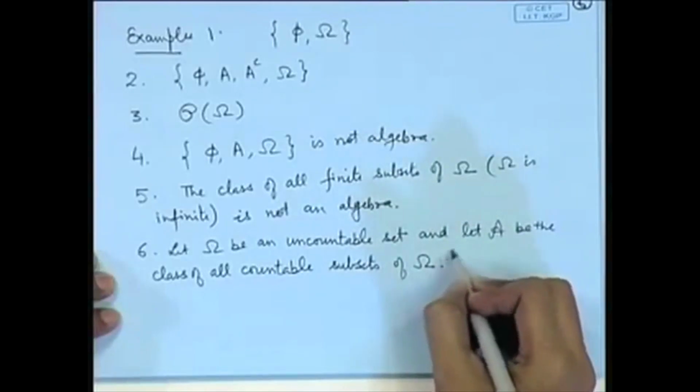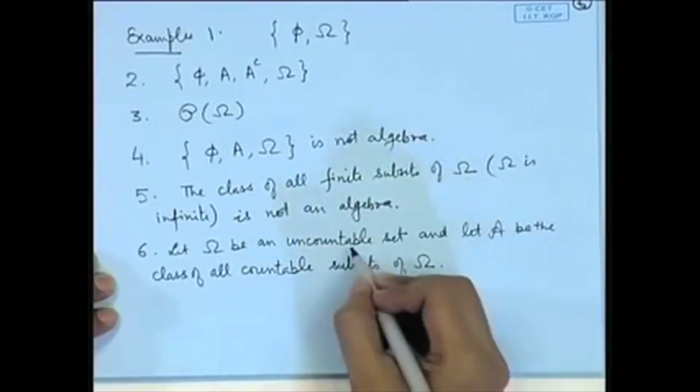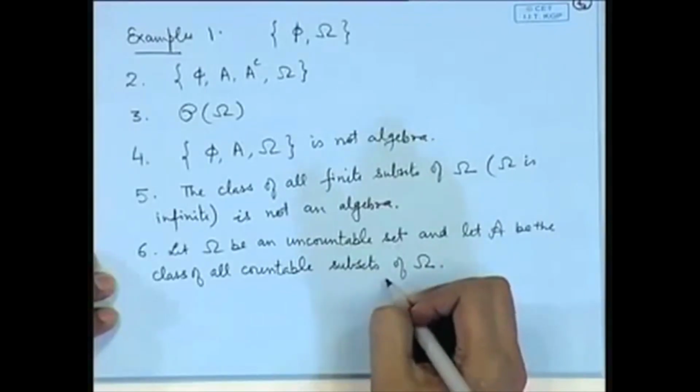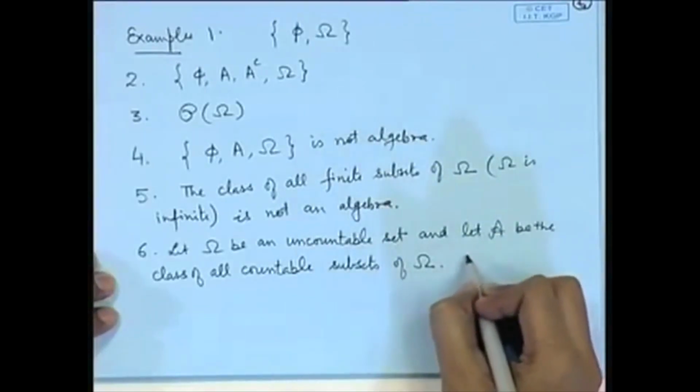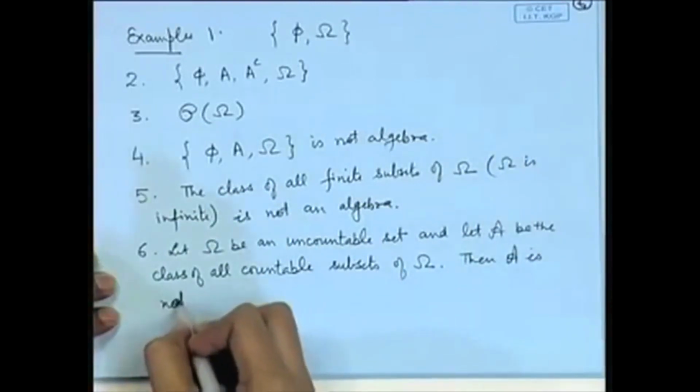Then once again, if I consider a countable subset of omega, its complement will become uncountable, and therefore this A cannot be an algebra.